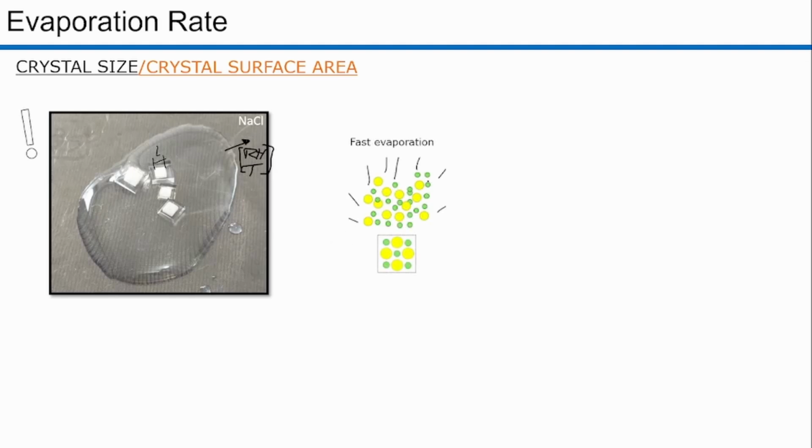Let's imagine that in the beginning, when the crystal was smaller than this, we had this scenario of fast evaporation. So the crystal was small, there was a bunch of atoms coming up, and they didn't have time to align themselves to the lattice.